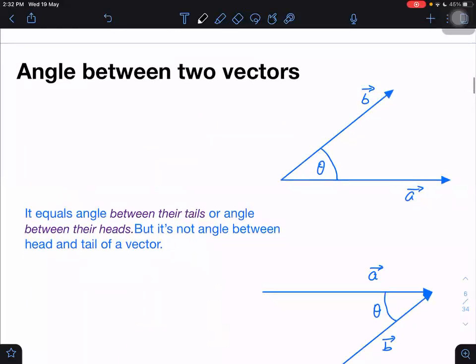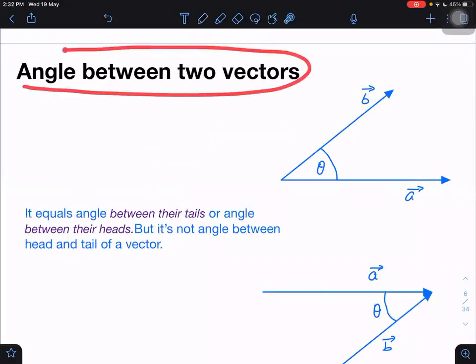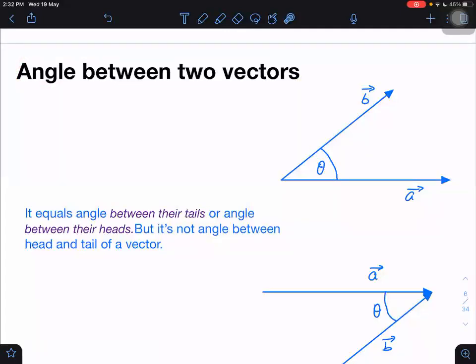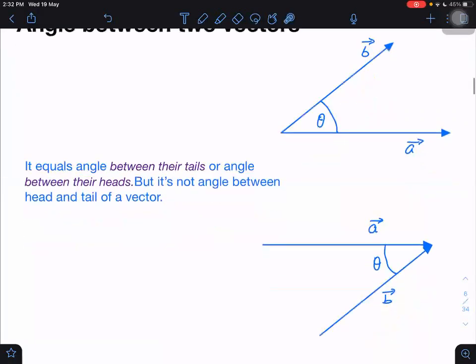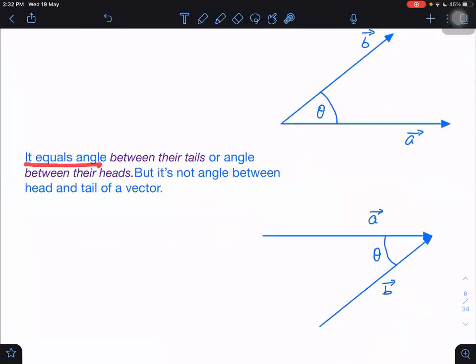Angle between two vectors. What do we say? What is the angle between two vectors? If I have a vector A and a vector B, then the angle between those two vectors is, let us say, theta. It is actually the angle, observe, this is important, between their tails or between their heads.